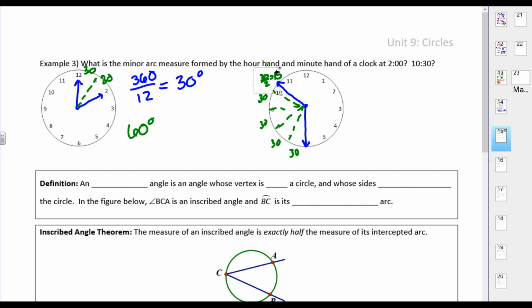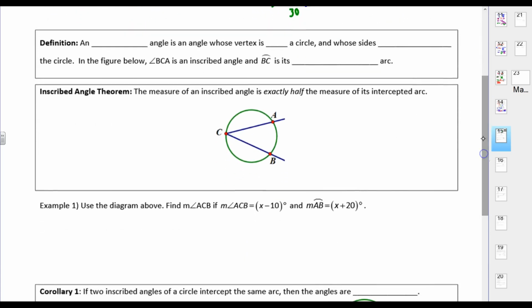So I've got 1, 2, 3, 4 times 30 is 120, plus another 15 degrees, to get me a total of 135 degrees.